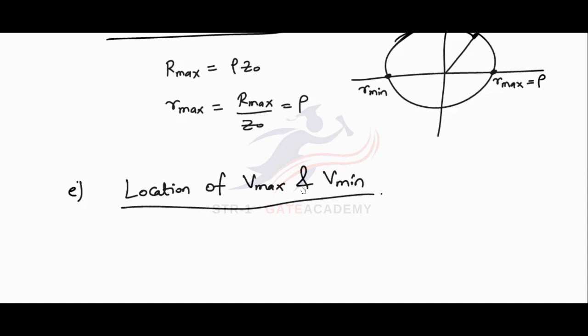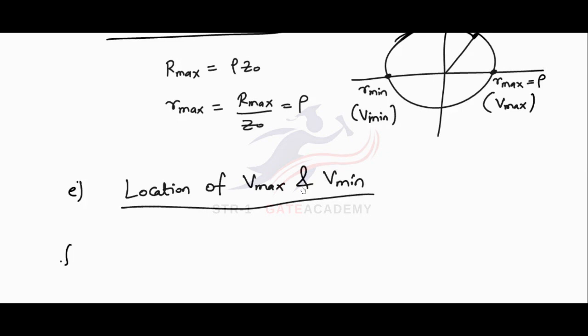Wherever you have maximum resistance, there you will have maximum voltage. So the position of R max itself is nothing but Vmax. This is the location of Vmax, and this is the location of Vmin. Reverse is the case for Imax and Imin. So R max implies Vmax, R min implies Vmin.